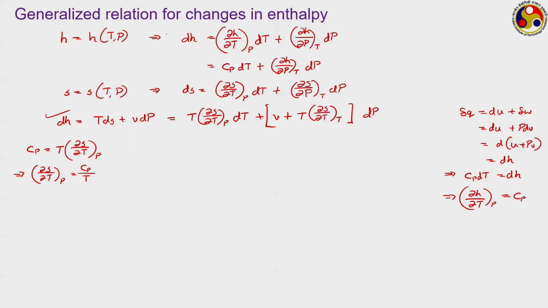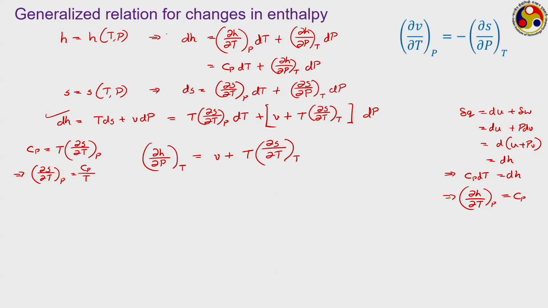But our interest is the second term, the coefficient of dP, where we have ∂H/∂P at T is equal to V plus T into ∂S/∂P at T, and we are going to make use of this particular Maxwell's relation to rewrite this as T into ∂V/∂T at P.